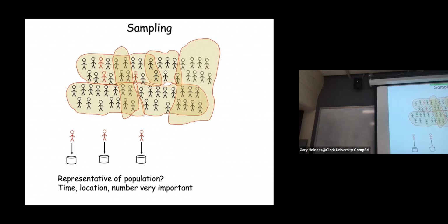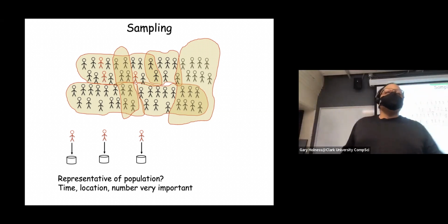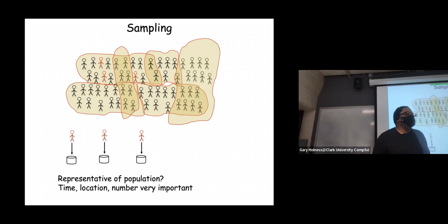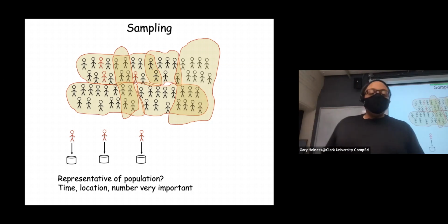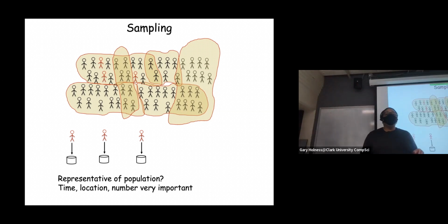And so one of the things you do with this exercise is you develop a structure for your population for whatever is of interest. They can be overlapping, non-overlapping, and then you use that to tune the time and location, and this last one, number, for your samples.